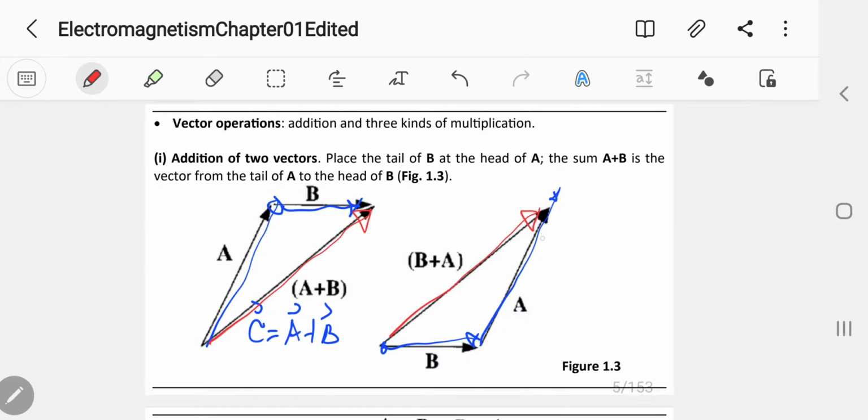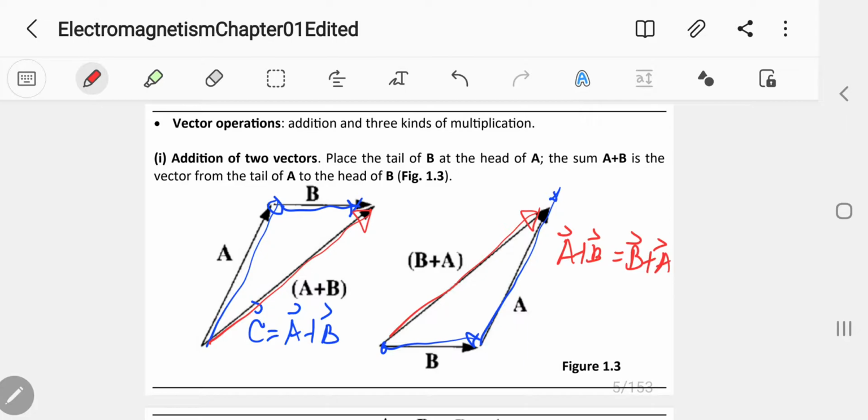Therefore A plus B is equal to B plus A. That means the addition of two vectors is commutative. So it doesn't matter which order you're adding.